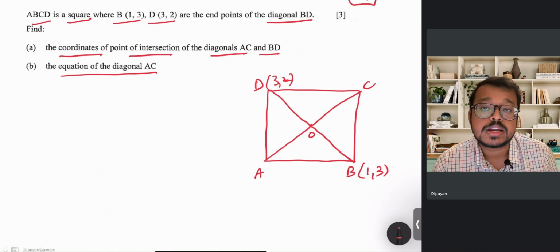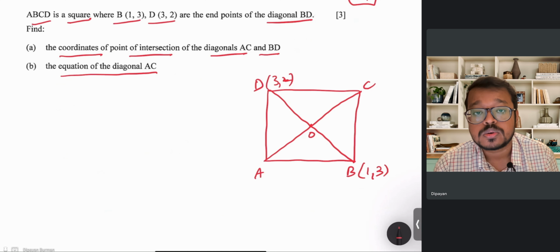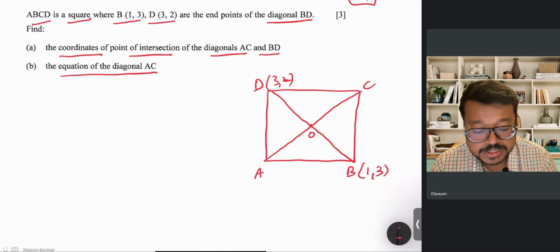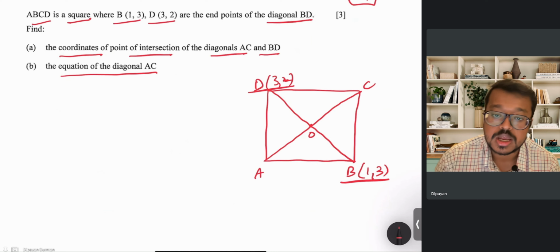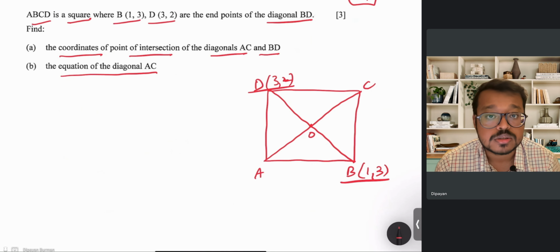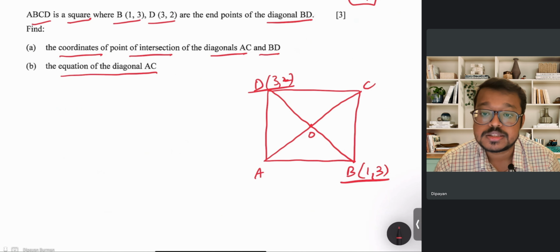Now if we try to recall the properties of diagonals of a square, we should know that the diagonals are perpendicular bisectors of each other and the diagonals are of equal length. So what is useful here is that the coordinates of B and D are known, and the midpoint of BD is also going to be the midpoint of AC. So that's the point of intersection, the midpoint of BD.